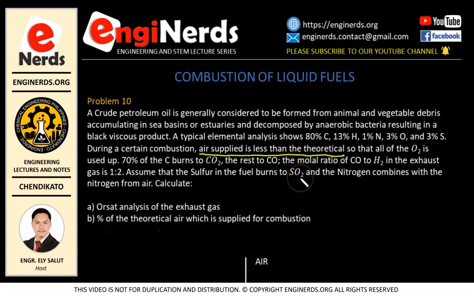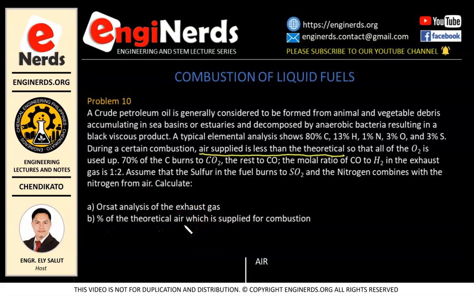In our previous problems, usually when we are calculating, we have excess O2, so we are supplying more air compared with the theoretical. In this problem, we have less air supplied compared with the theoretical, so it is assumed here that all of the O2 is used up or consumed. It is important to take note of that before we proceed.